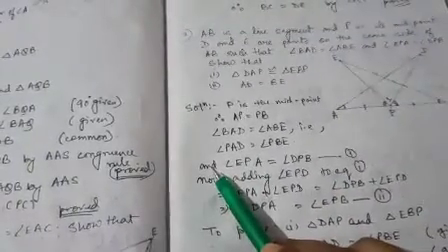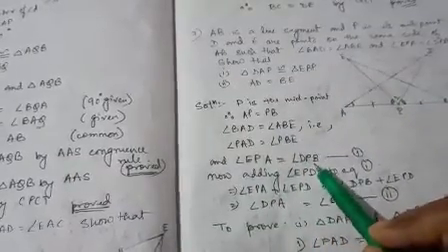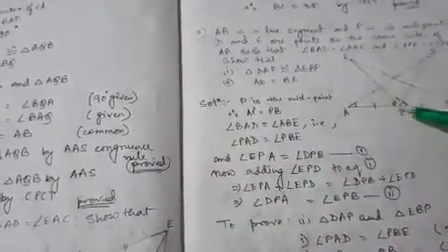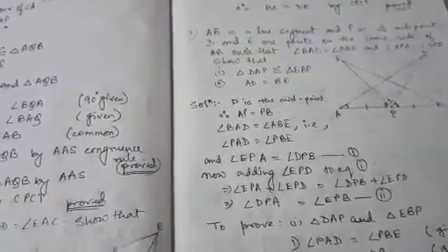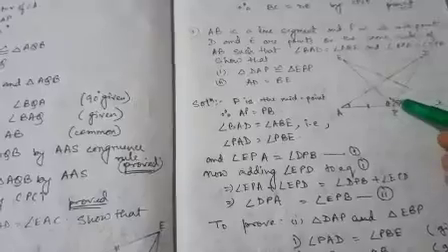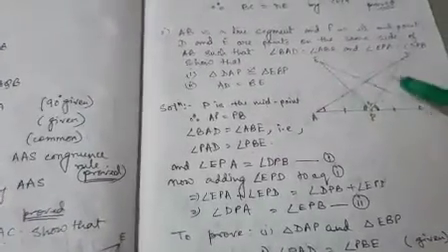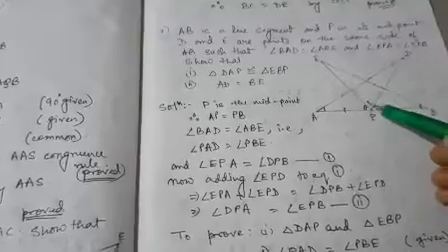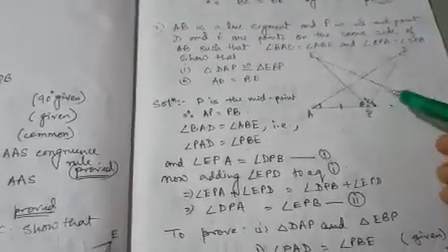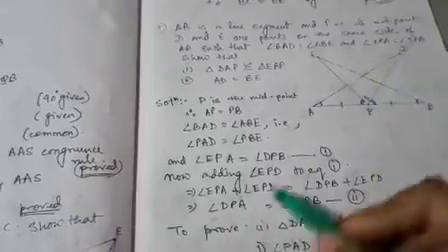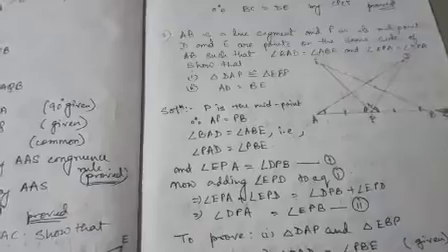Now another equation that we have is EPA is equal to DPB, that I have already said. Now to this equation 1, we are going to add this common angle 1. The common angle is EPD. If we add this common angle, we will get DPA and EPB.